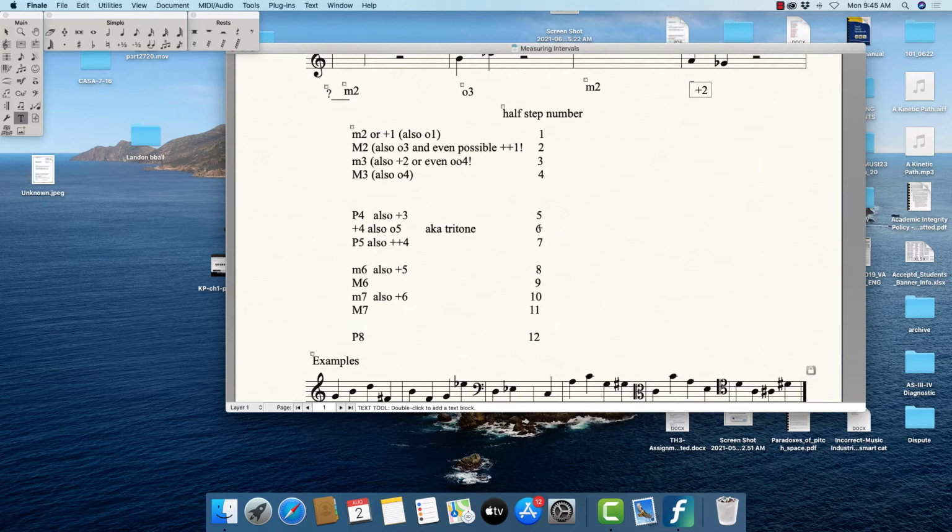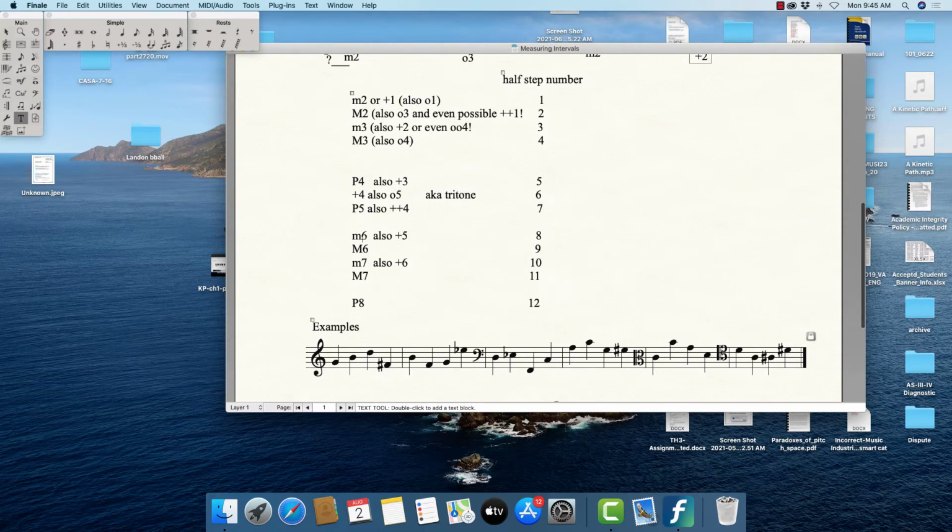The perfect fifth has seven. You might also see, and we will at one point in theory talk about, the doubly augmented fourth, which is the same thing as a perfect fifth, seven. Sixth, well, we have a minor sixth that has eight half steps. We also have augmented fifths.